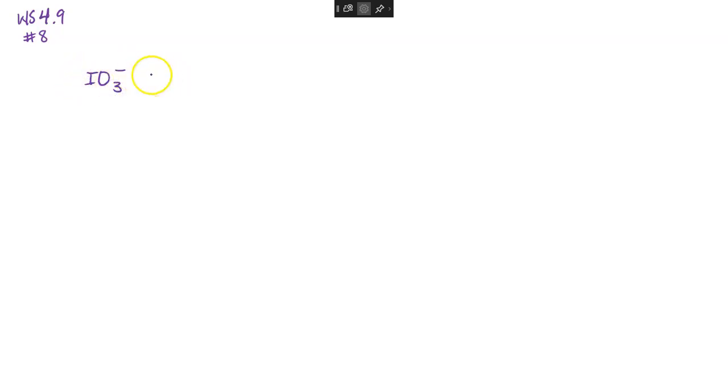IO3 minus plus Re yields ReO4 1 minus. Ready? Rhenium. It's on the periodic table somewhere.